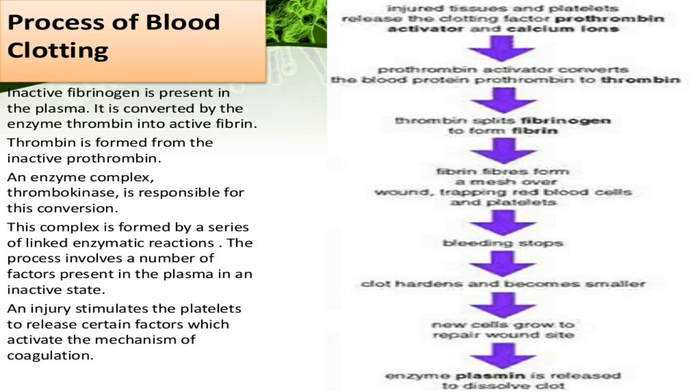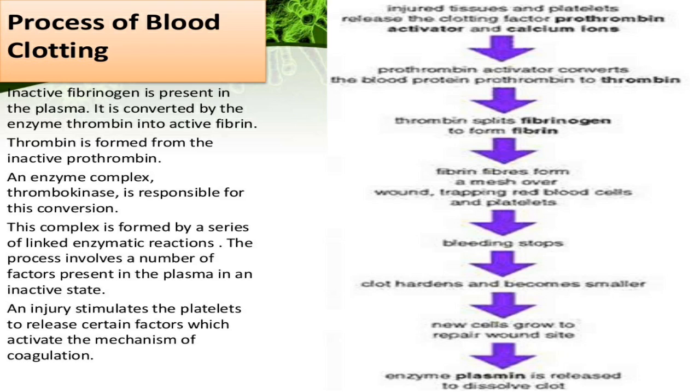Process of blood clotting. Inactive fibrinogen is present in the plasma, that is a protein. It is converted by the enzyme thrombin into active fibrin. Thrombin is formed from the inactive prothrombin. An enzyme complex thrombokinase is responsible for this conversion.